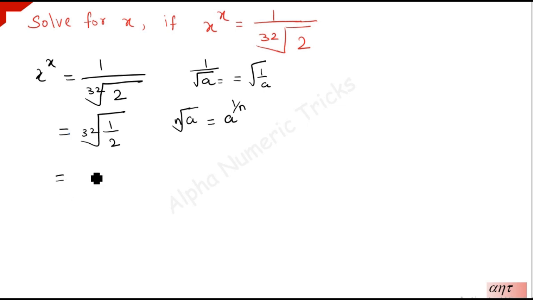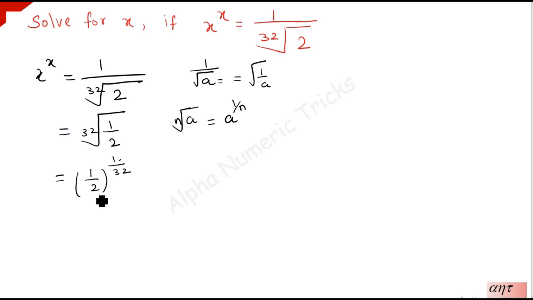We can write this as (1 over 2) whole to the power 1 over 32. Using this formula, the nth root of a can be written as a to the power of 1 over n, the same idea we are using here.